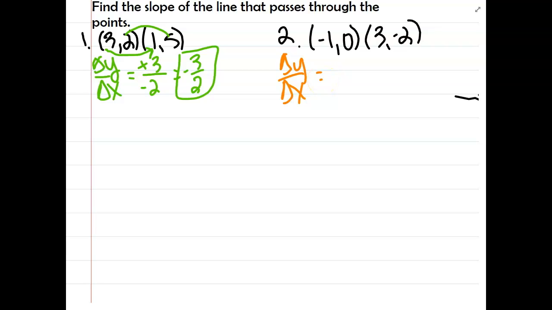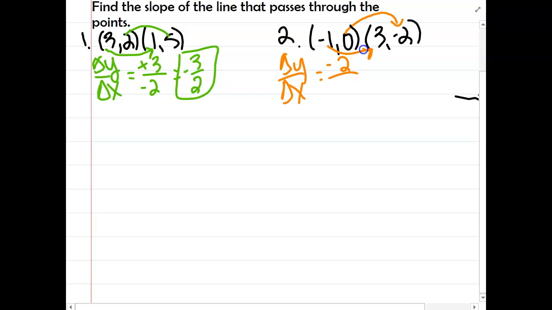You have to do the change in y first, and make sure you go from one y coordinate to the other y coordinate. So from 0 to negative 2. First thing, direction from 0 to negative 2. Negative. And then how many from 0 to negative 2? So it's a minus 2.